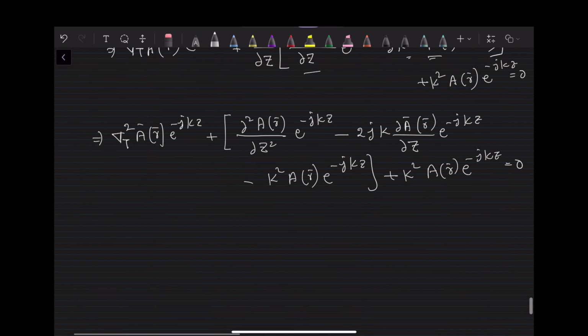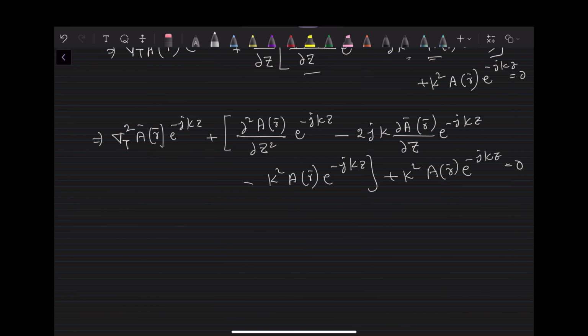Okay, now we have this part, and here we have to take some assumptions. Quickly, I'll just remove this e to the power ikz part.